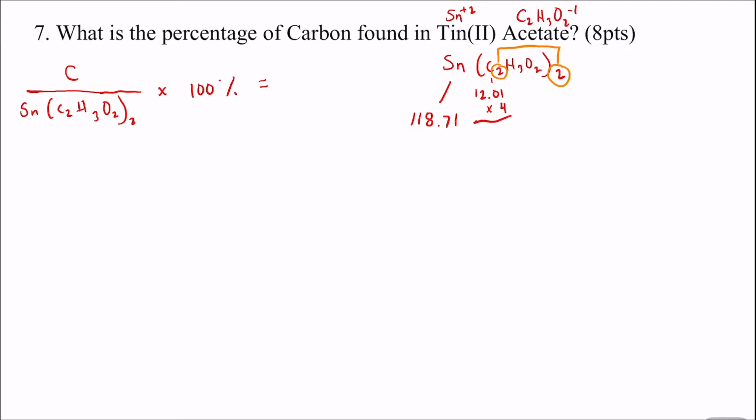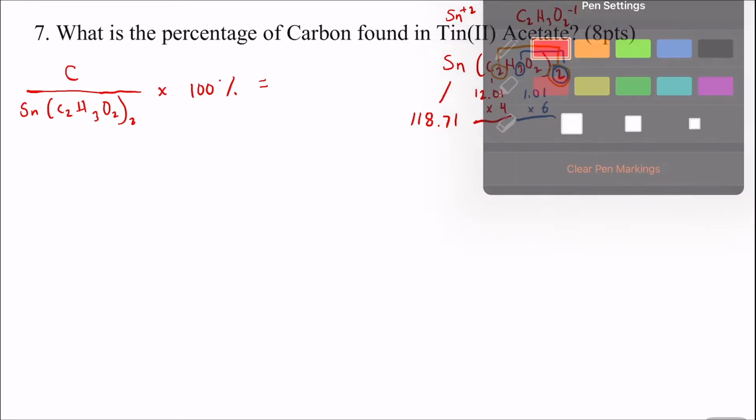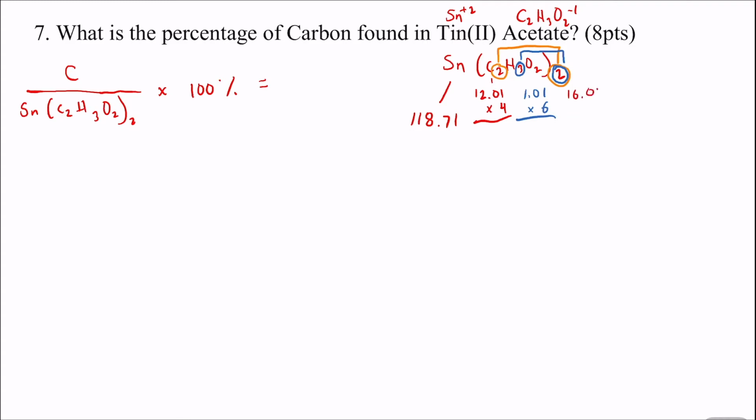That's where we get the 4. If you take a look at the hydrogen, hydrogen's 1.01. And there's 3 here, but then there's another 2, so we distribute this and it multiplies, so it's going to be times 6. And then the oxygen is going to be 16.00, and then there's 2 here, 2 on the outside, that's going to give us times 4.